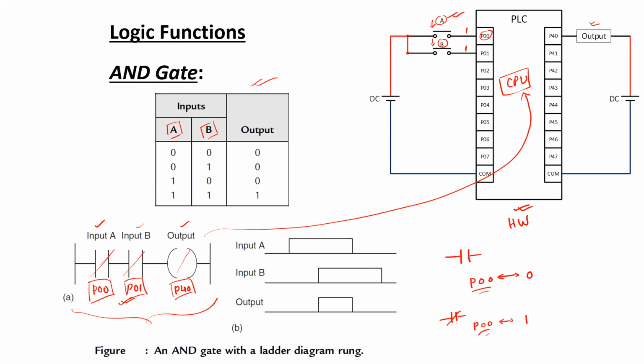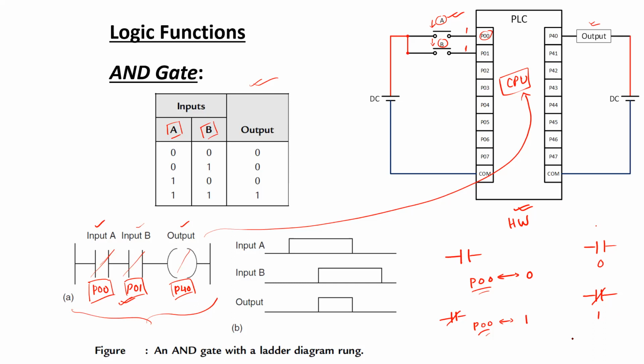But in terms of this diagram, I mean pictorial representation, we are representing the status of different memory locations in terms of contacts and coils. So if you see a contact that is normally open, it is representing a binary bit 0, and if you see a closed contact, it is representing a bit of 1.